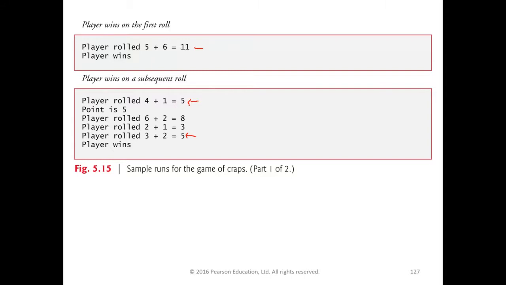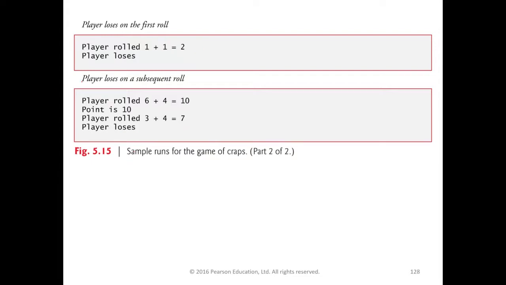Number 5 basically means that the status will be set to continue, and the user will have to repeat until he gets either number 5, in which case the user will win, or they get number 7, which would mean that the user would lose. Once point is set to 5, the user repeats, and then on the third try, the user gets the number 5, which means the user wins the game.